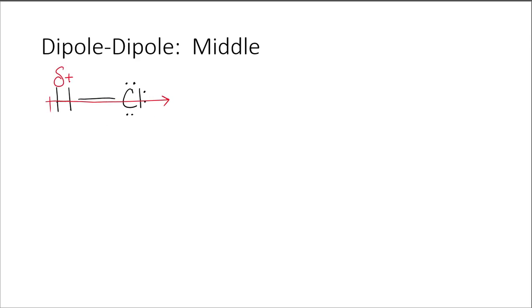That leaves my hydrogen as partially positive. That leaves my chlorine as partially negative. So this is a polar molecule, and it is a polar covalent bond. The electrons are shared unequally. The electrons spend more time around the chlorine.